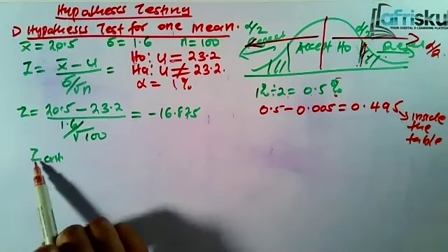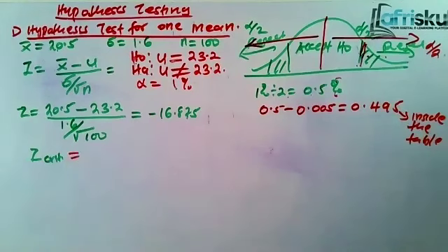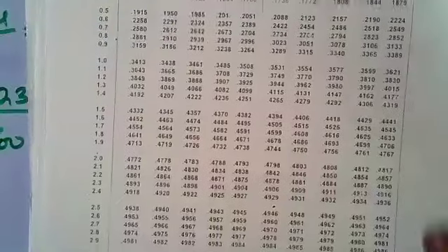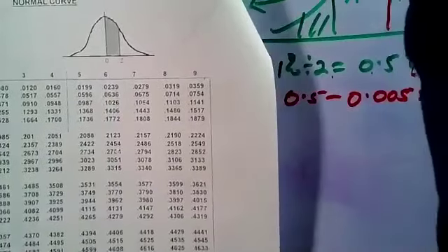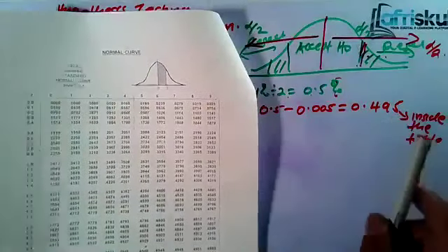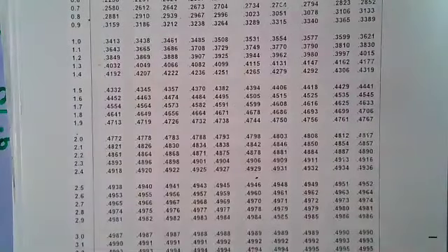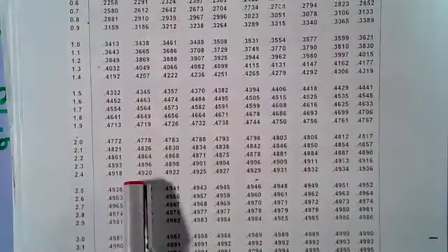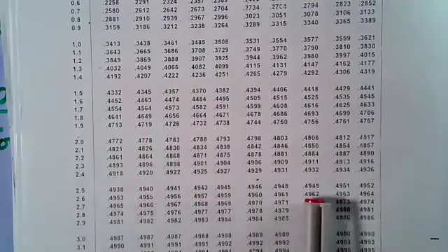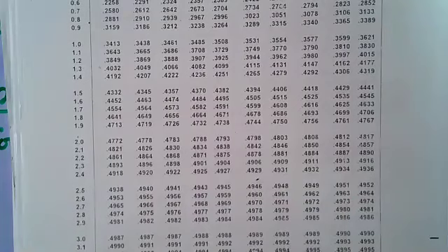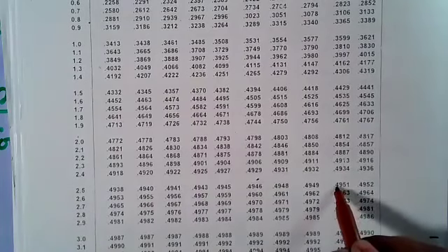And you are reading from the Z table. So how do we get that? We need to get that from the table. You come to the normal curve table, and we are looking for 0.49, specifically 0.495. Let's look here.